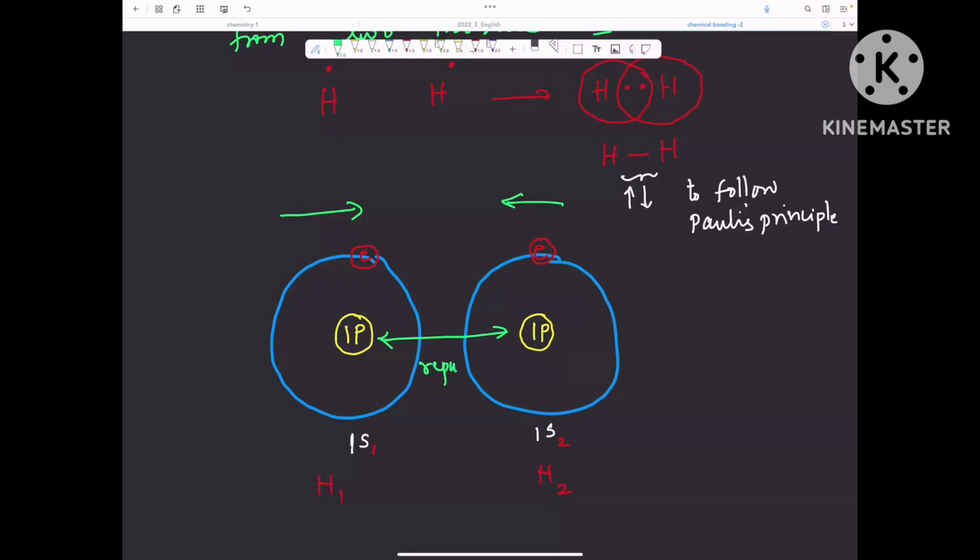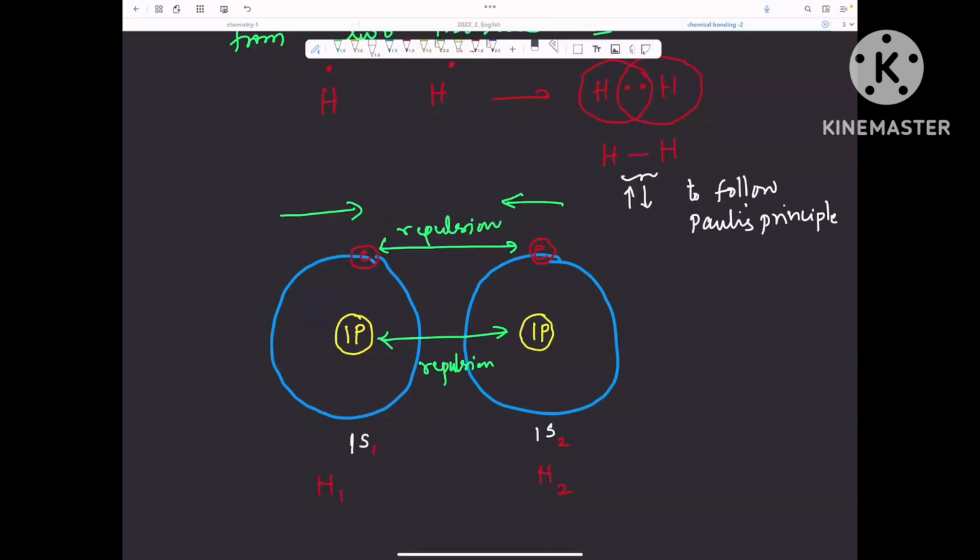There is a repulsion. And between electron and electron, there is a repulsion. When hydrogen atoms are coming closer, a repulsion starts operating between the two nuclei, and also a repulsion starts operating between the two electrons.